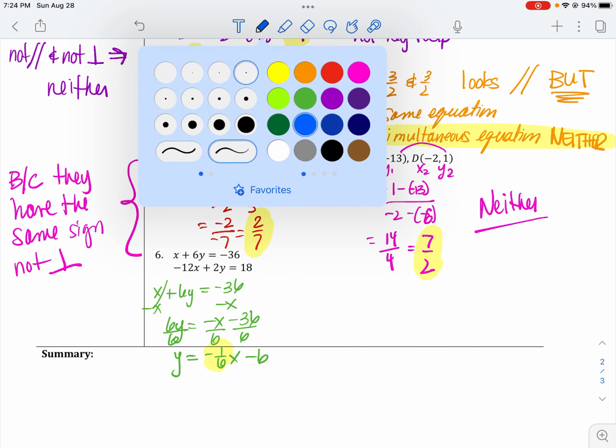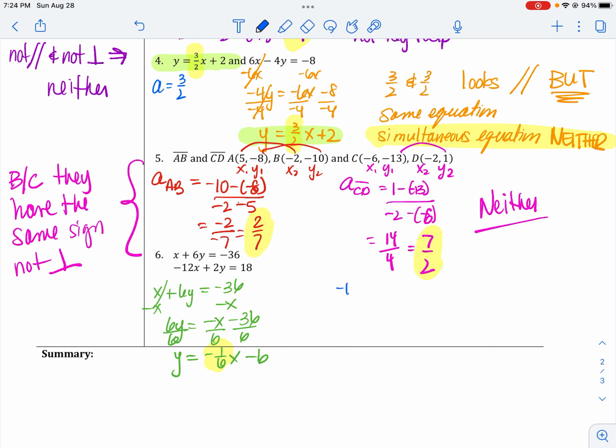The second equation, -12x plus 2y equals 18. We're going to add this time. That's the first time we've done that. We're going to add 12x to both sides. Remember, that's why it says plus or subtract. So then I have 2y equals 12x plus 18.